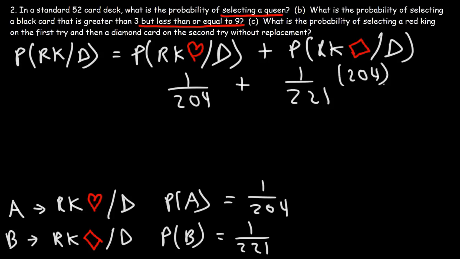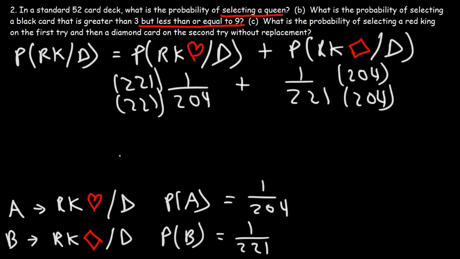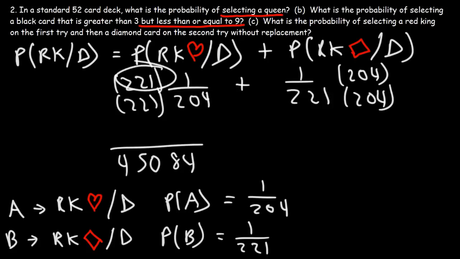Let's multiply the second fraction by 204 and the first one by 221. 204 times 221 is 45,084. And then we could add 221 plus 204, which is 425.